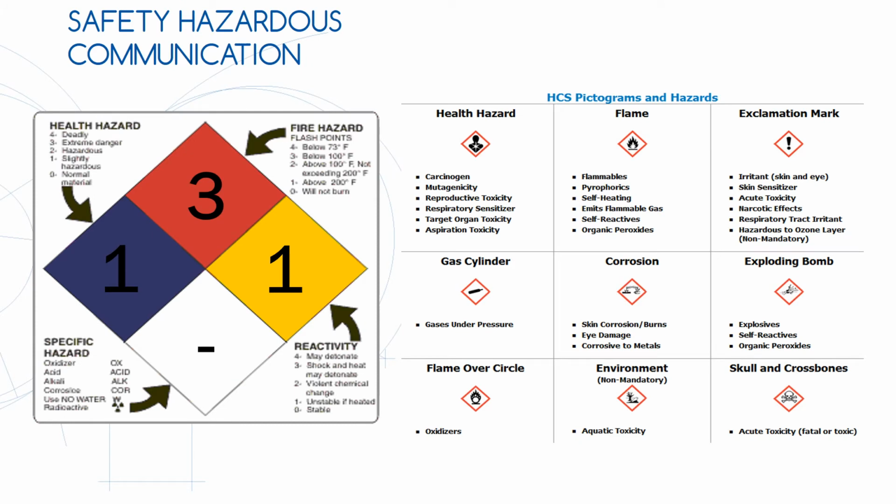This label needs to be on any and all containers that have any liquid in them which are not in a container marked by the factory. As an example, a spray can of paint does not have to have an NFPA label. A spray bottle with water does have to have an NFPA label.